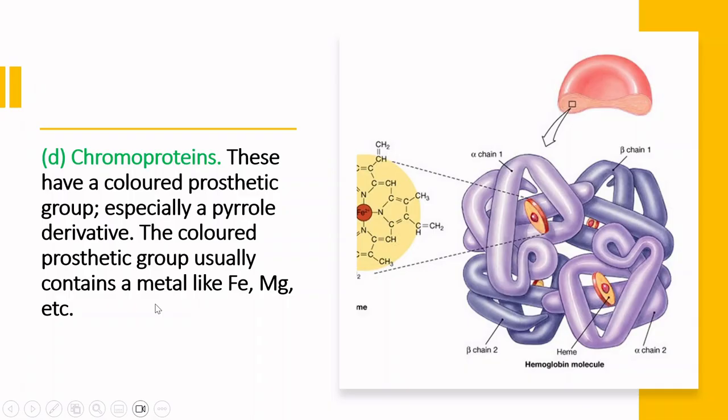For example, the metal present in hemoglobin is iron. Cytochromes are also examples of chromoprotein. So, here we have studied 4 types of conjugated proteins: phosphoprotein, nucleoproteins, glycoproteins and chromoproteins.